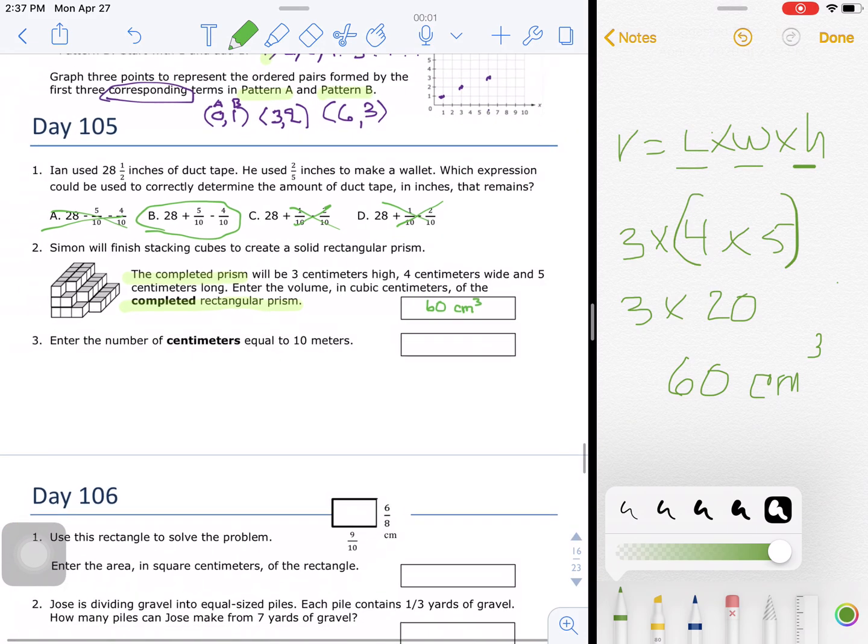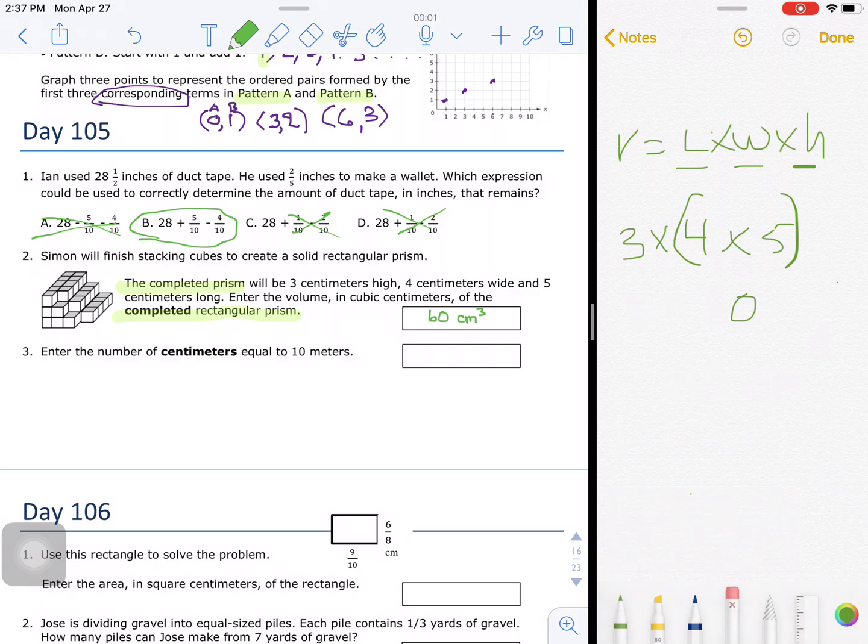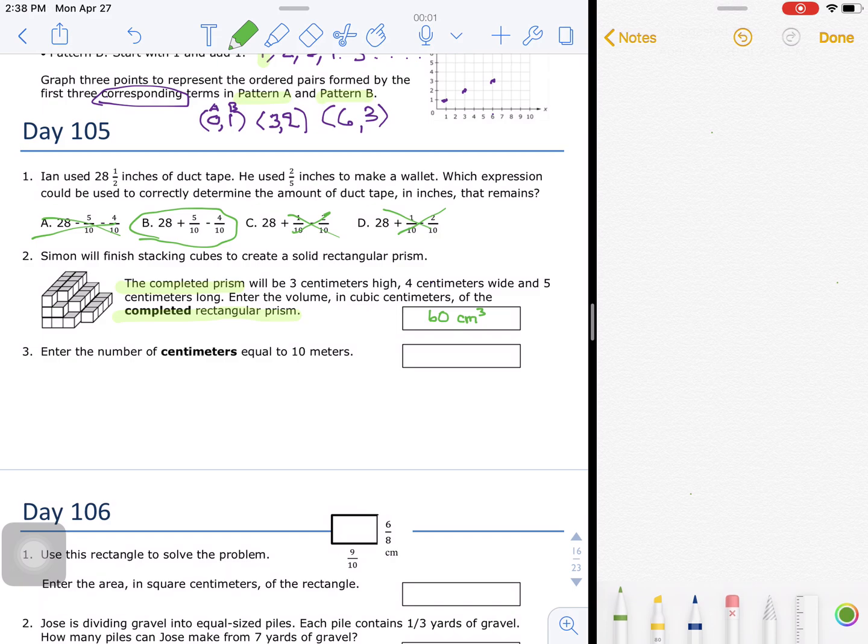And we have seen a lot of conversion problems, and I'm sure that you guys are becoming experts with that. Well, let's take a look at this. So we know we always go with what they give us, 10 meters. And we're looking for centimeters.